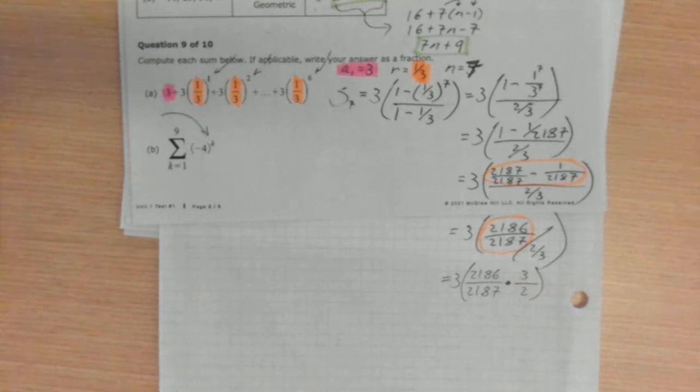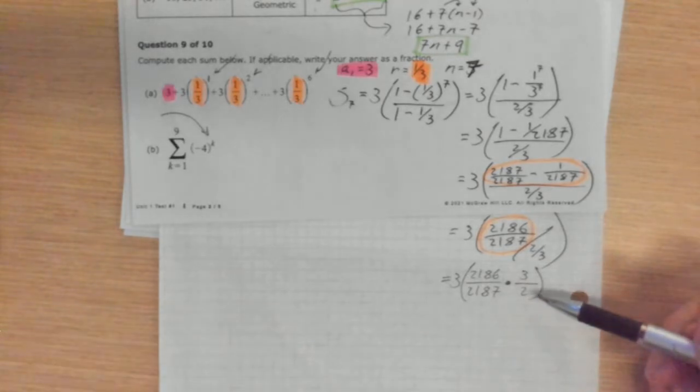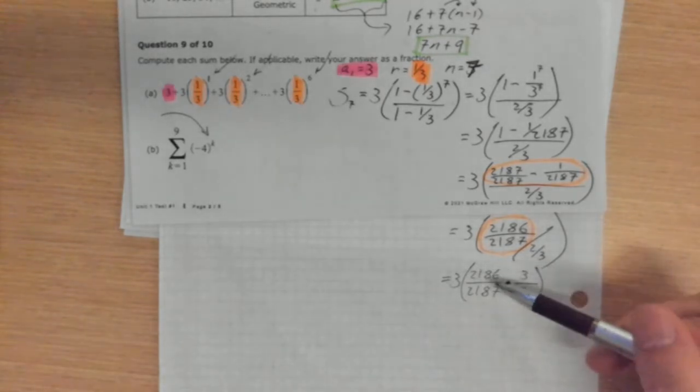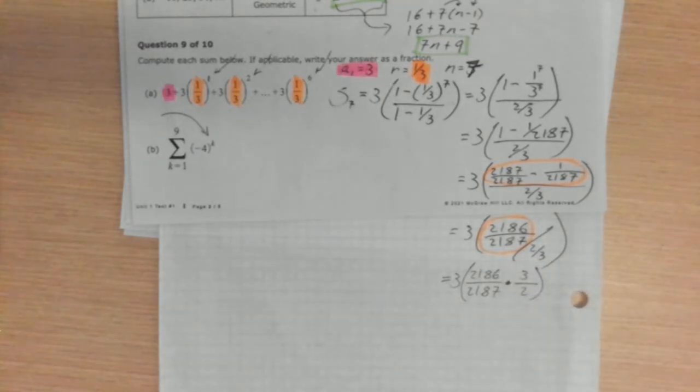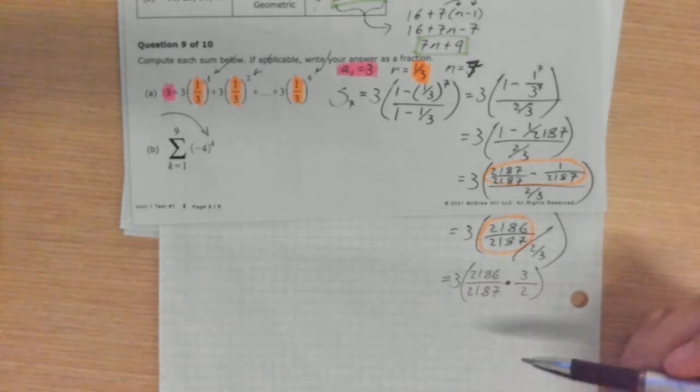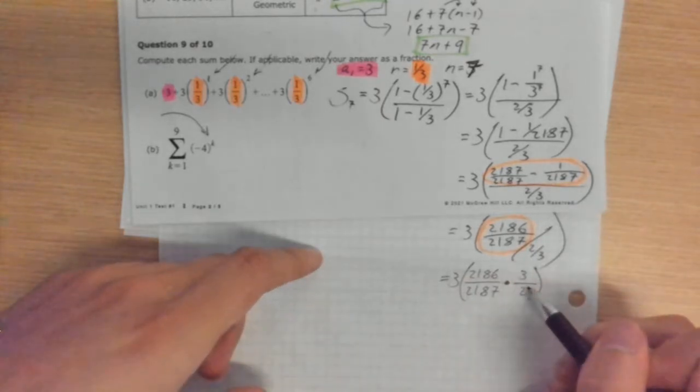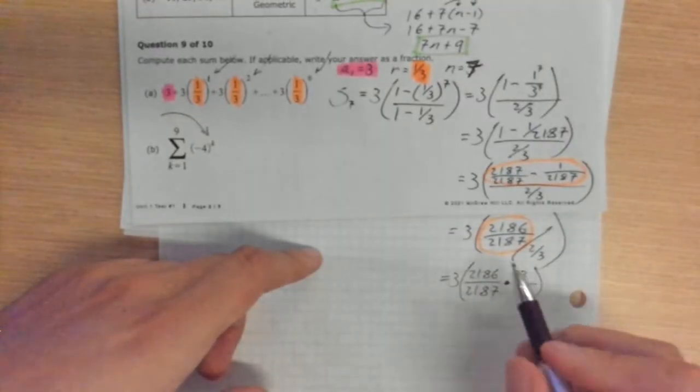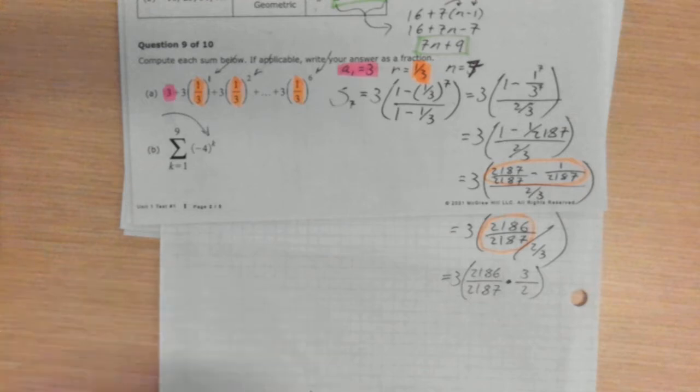Any even number has a multiple of 2. I know because of 2186 that this has a multiple of 2. So I know that I'll be able to cross this 2 out of here, and I'll be able to divide the top by 2.